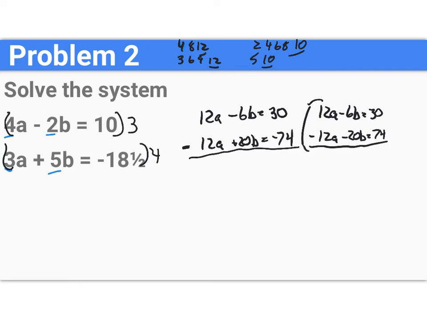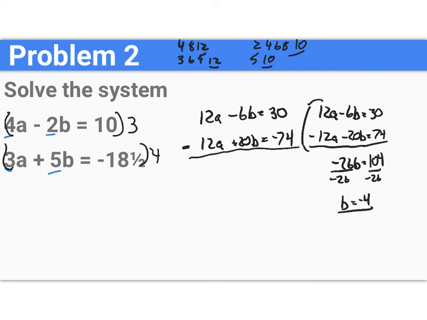I'm showing you this so that we don't get confused. Because the first time I tried this to make this video, I made the mistake of not changing the negative 74. So even I make mistakes. Negative 26B equals 104. Divide by negative 26 on both sides. And B will be negative 4.